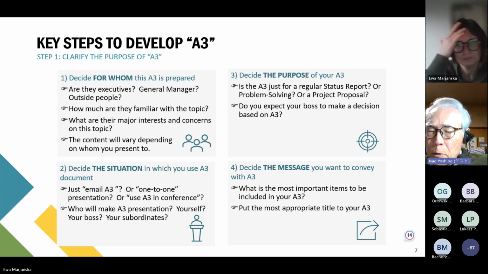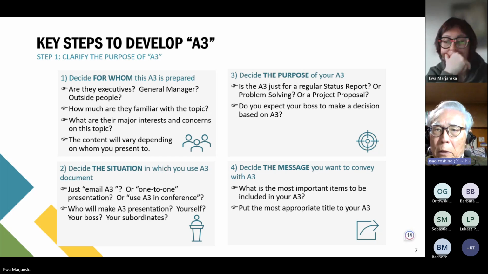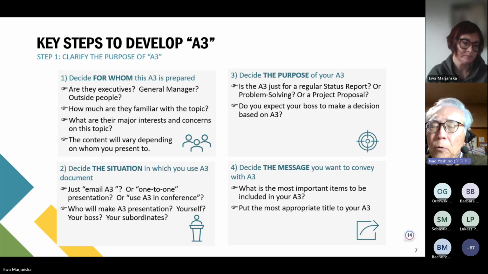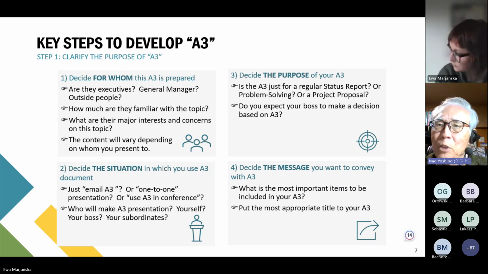On the right-hand side, the purpose. If you want to give some general information to the big boss, then you have to prepare that way. But if you want an okay for making decisions, then you have to show them some key information so that your boss can make decisions.